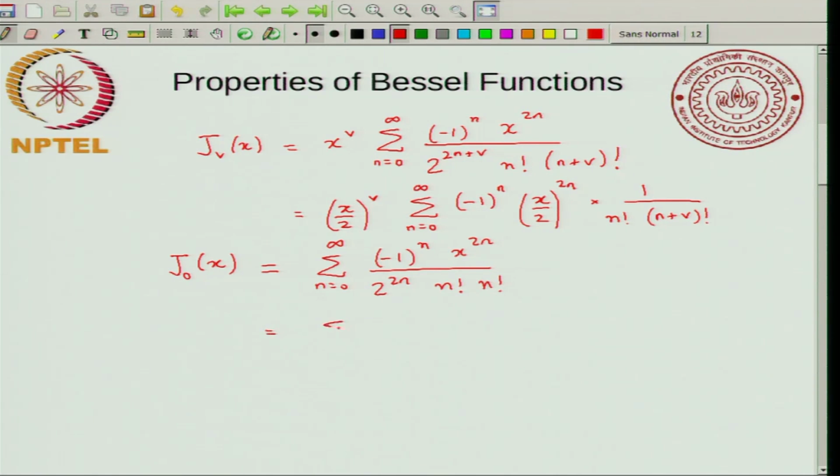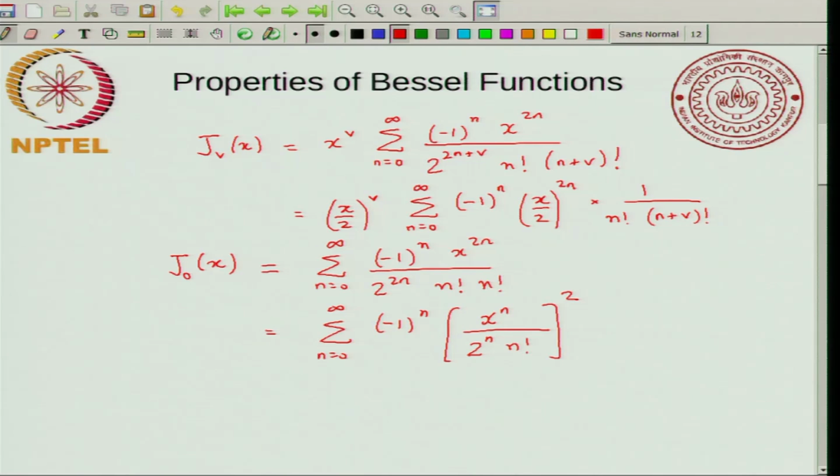I can write this as the sum over n equal to 0 to infinity of (-1) raised to n, and then (x raised to n divided by 2 raised to n, n factorial), the whole thing squared. It is not obvious what this is, but this is a convergent series, and this is the expression for J_0. Similarly, you can write for J_1 and so on.